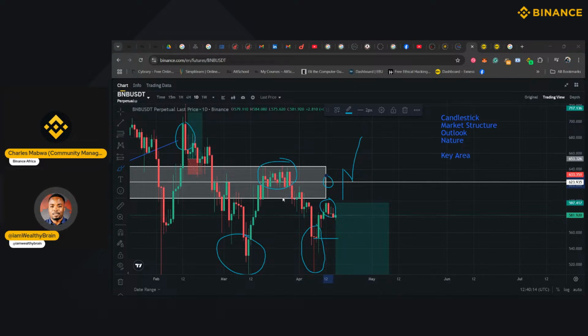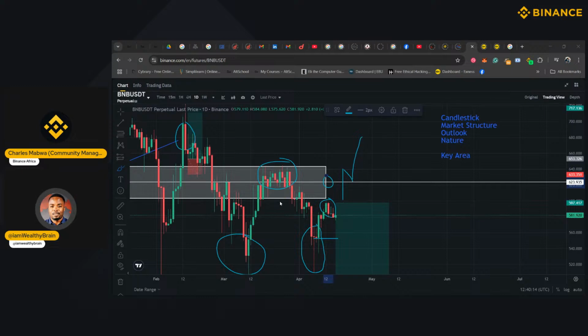Now, the data sources are also things you need to consider. For example, if you're looking at fundamental analysis, you're looking at project data, news, and metrics to help you make a decision. Technical analysis is based on price charts and indicators. What is the market doing? Oscillators giving you convergence areas, divergence areas, reaction of price as well.